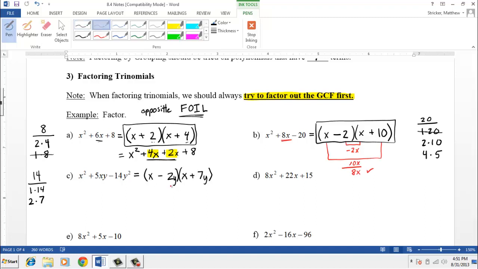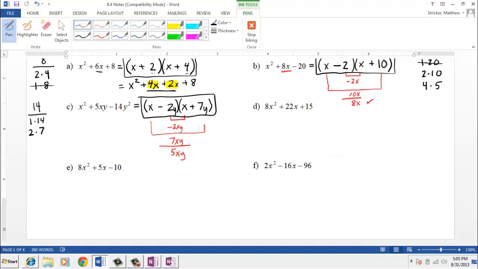And checking this, our inner product is negative 2xy, and our outer product is positive 7xy. And if we combine those, we'll see that we got the correct factoring. Negative 2xy plus 7xy is 5xy. So this is our correct answer.